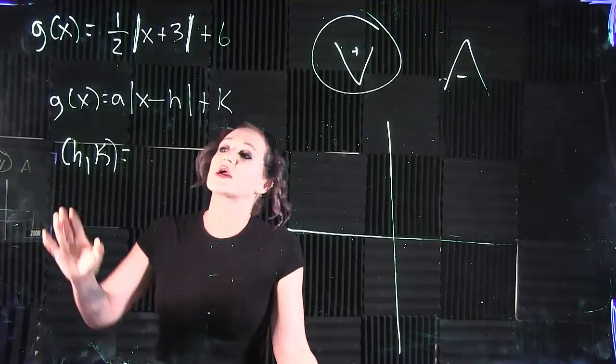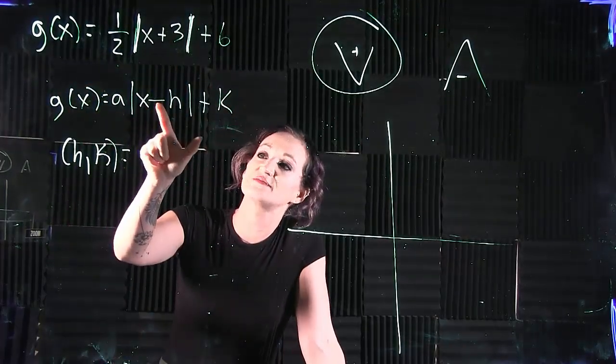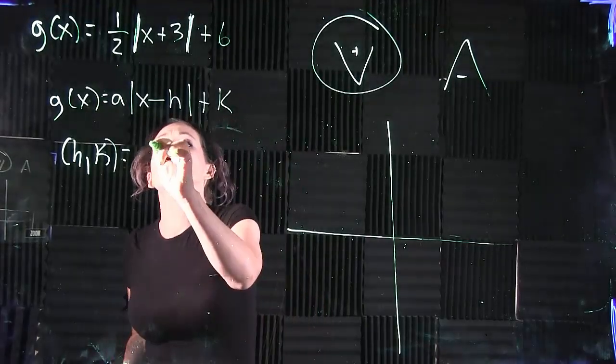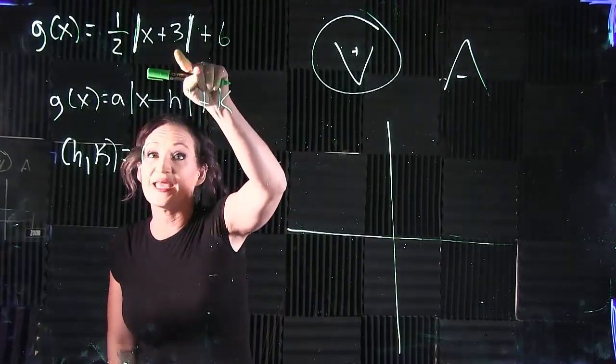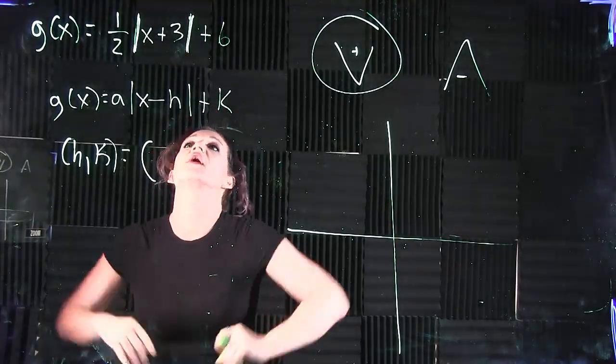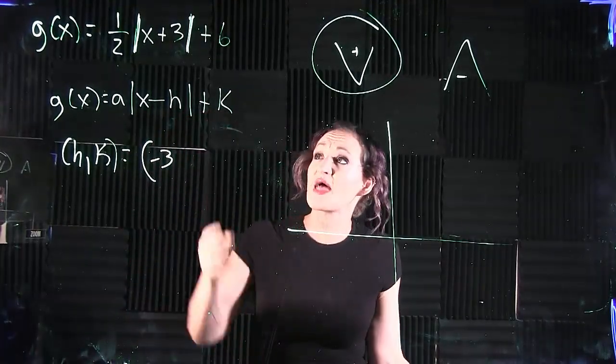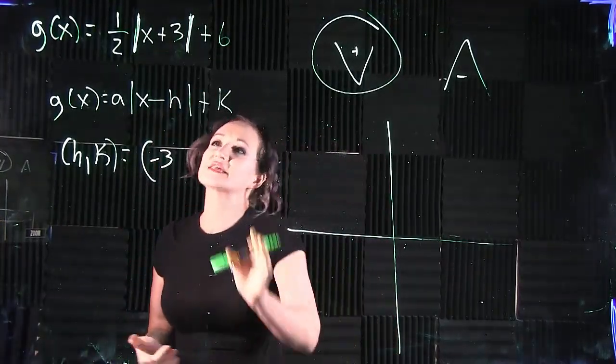Now, because of the way that this formula is set up, it says x minus h. Whenever we grab h, we want to pull just the h. Okay, so for us, because we have an x plus 3, what we are going to pull from that is a minus 3. It's kind of the whole concept here.